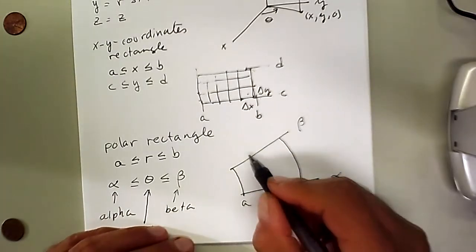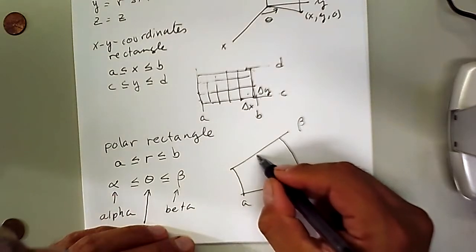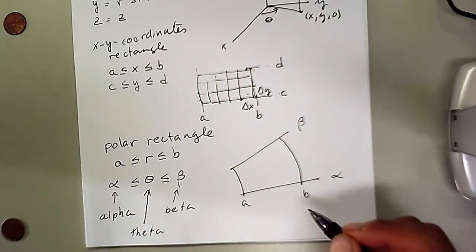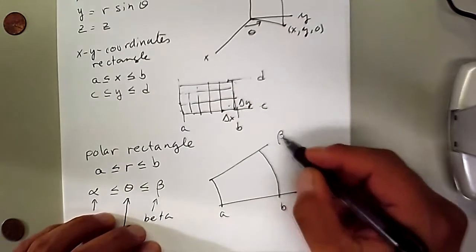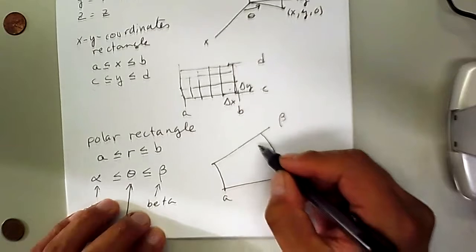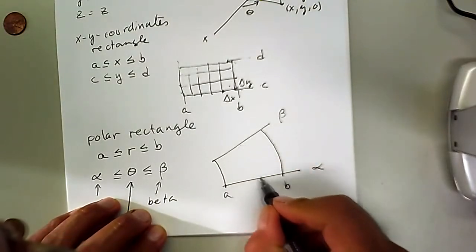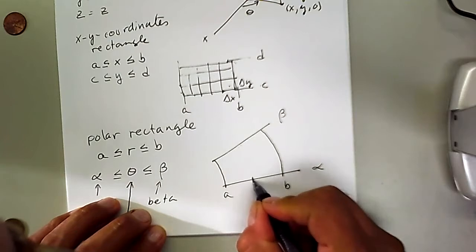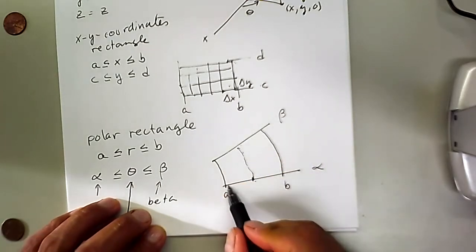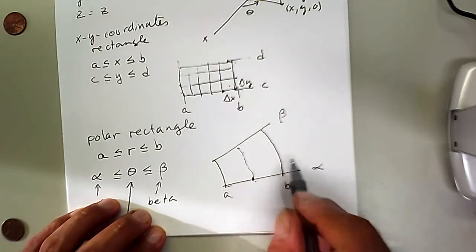Here, when we split into little bits, it isn't clear how we're going to do that. Notice that if you split r, this is the radius, and take the midpoint, and you go out this way, so this distance is the same as that distance, you don't get the same area.